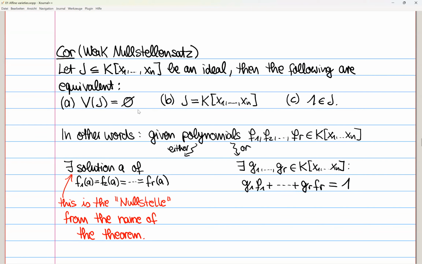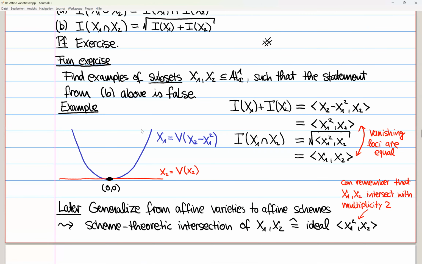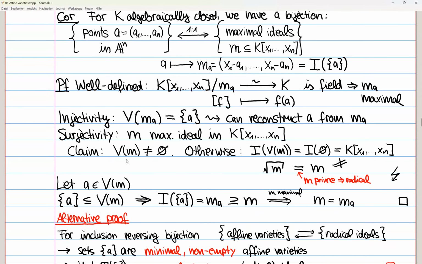And for the other direction, if the vanishing locus was empty, then your J was already the entire ring. This follows very similar to the proof that we had. If we assume the vanishing locus of an ideal is empty, then the ideal of this vanishing locus is everything, but it should also be the radical of the original ideal.